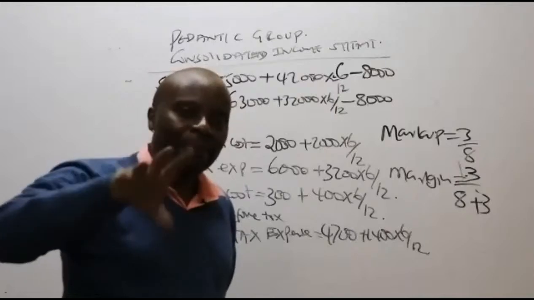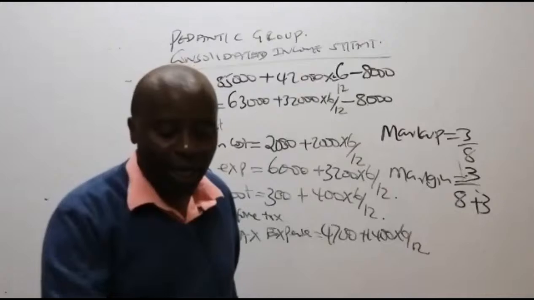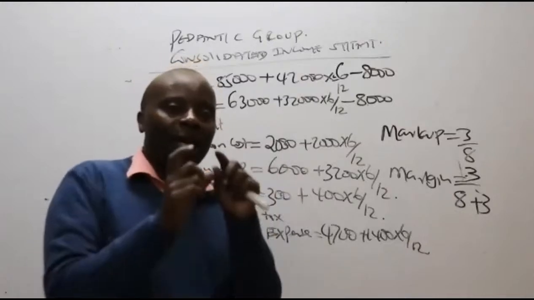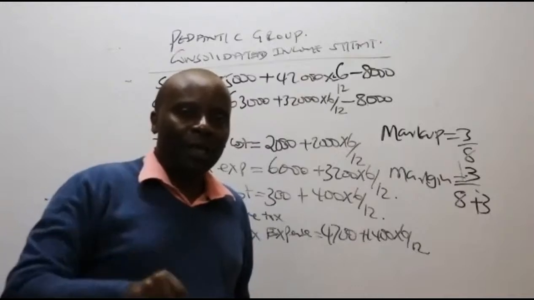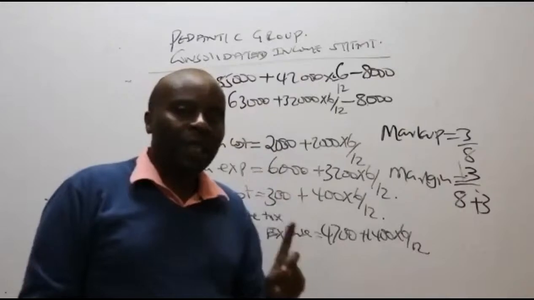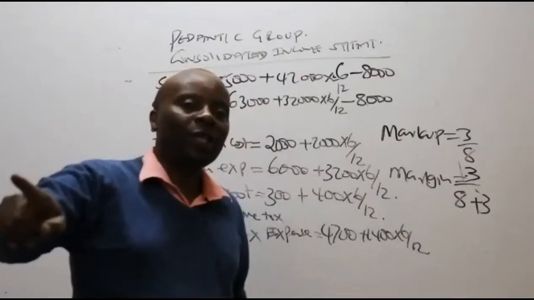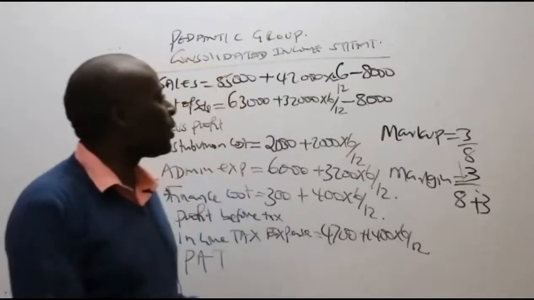Stock can only be kept in our stores at a cost. But now we have a situation where one of our group members have their stocks having a profit in them, a profit of 800. So then we shall cancel this UPS from the cost of sales and from the inventory in the balance sheet. So in the inventory, you subtract. Cost of sales, you add.